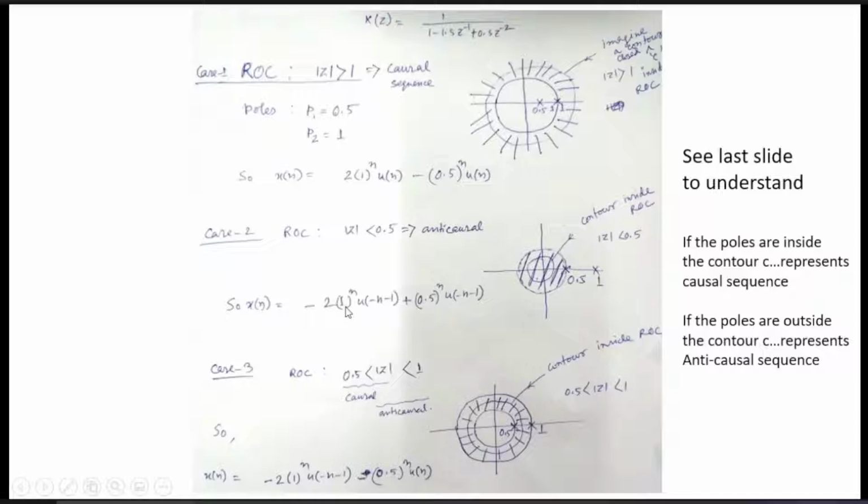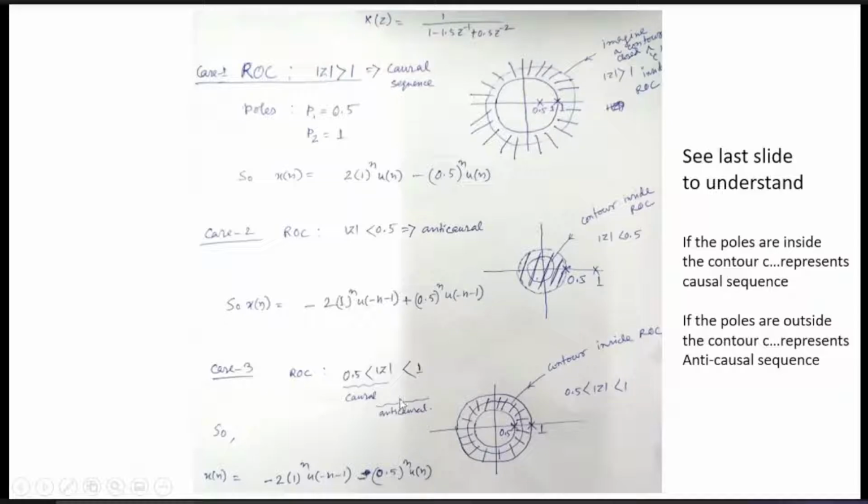So that means both the poles represent an anti-causal sequence. According to the formula of the anti-causal sequence, it is minus alpha to the power n u[minus n minus 1]. So it becomes 1 to the power n u[minus n minus 1] and 0.5 to the power n u[minus n minus 1].